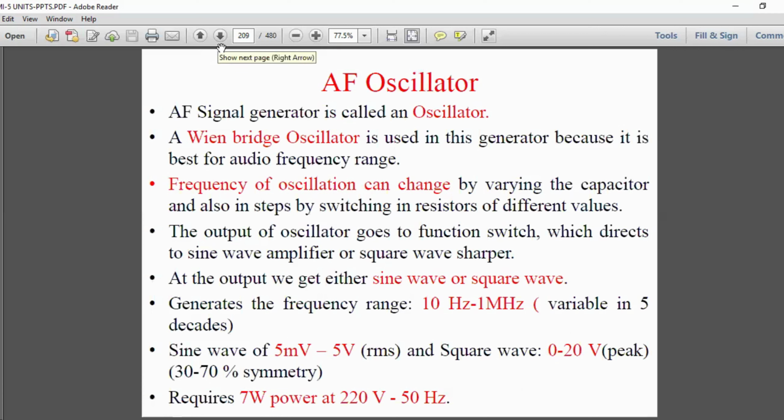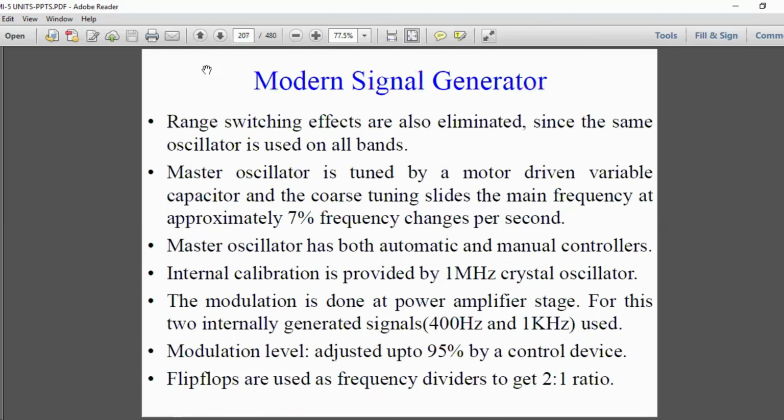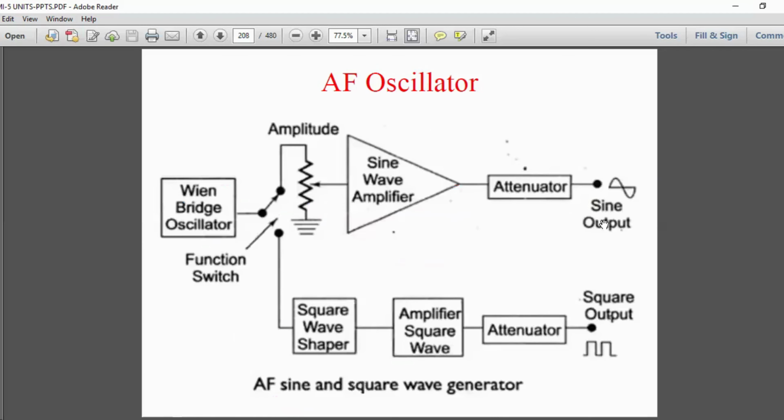The frequency of oscillation can be changed by varying the capacitor, and also in steps by switching in resistances of different values. The output of the oscillator goes to the function switch, which directs it to the sine wave amplifier or the square wave sharper. At the output, we get either a sine wave or a square wave.